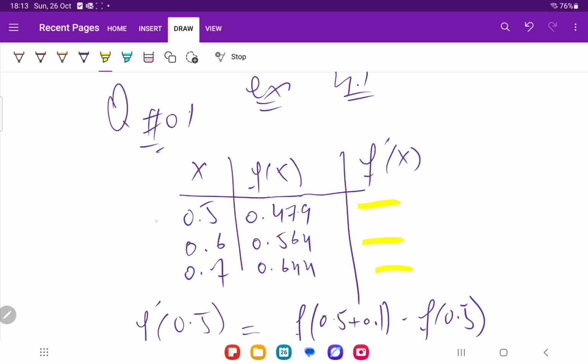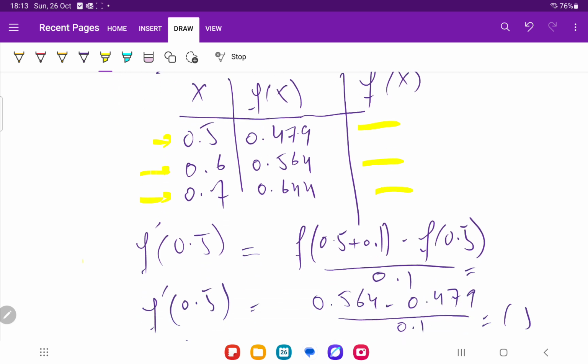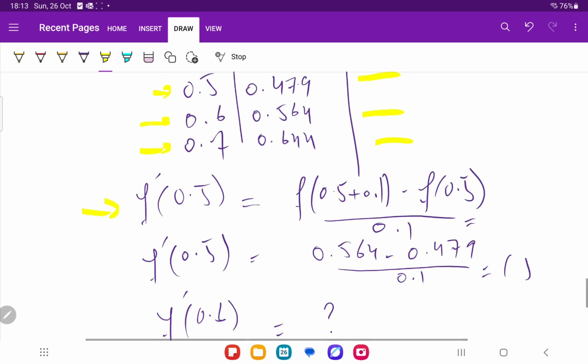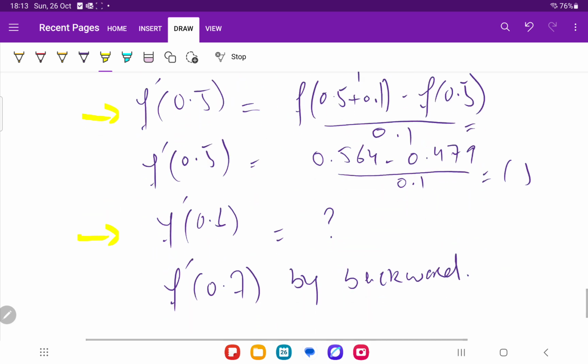For the first value, f of x naught is 0.5. For the second value, f of x naught is 0.6, and for the third value, f of x naught is 0.7. Accordingly, for the first 2 terms we will apply the forward, and for the last at 0.6 we will apply the backward formula.